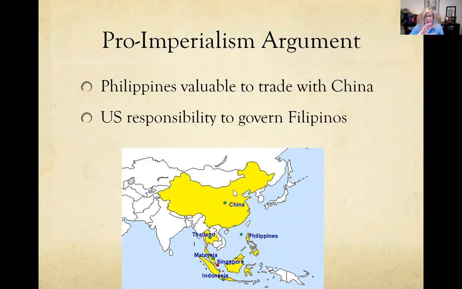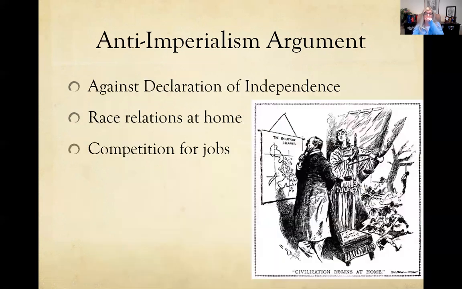Okay, so as China is being carved up by these other countries, the US wants to get involved in that action as well, and the Philippines would be a great place to start from. And then they also are viewing the Philippine people as not being capable of governing themselves. And so the US has got to stay there and monitor what's happening in order for them to be self-sufficient later on.